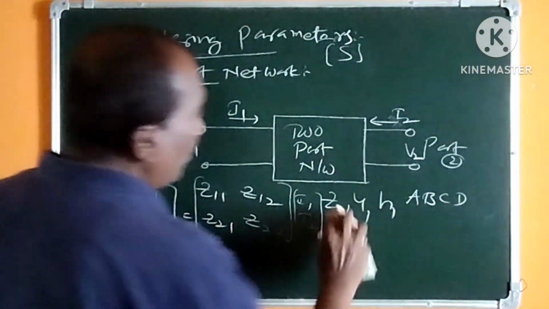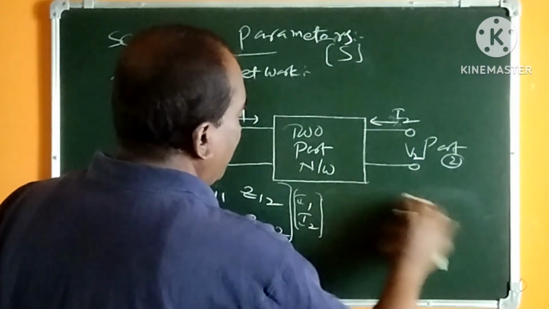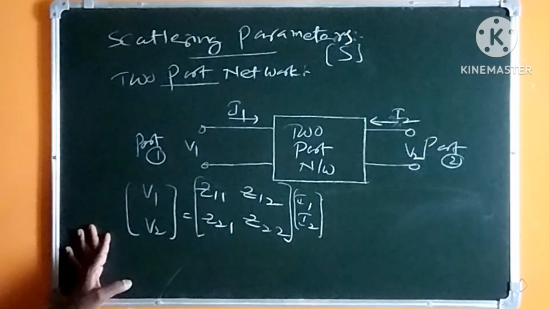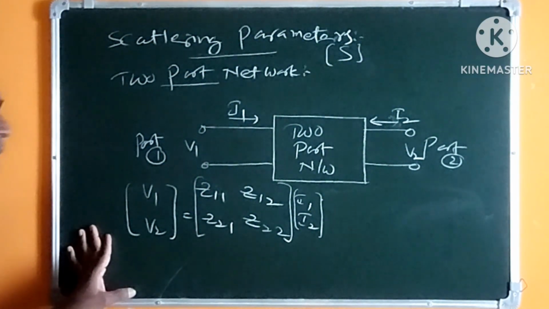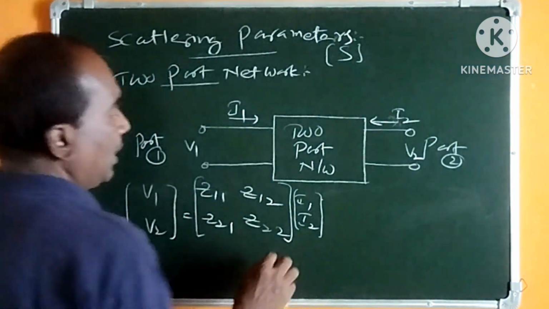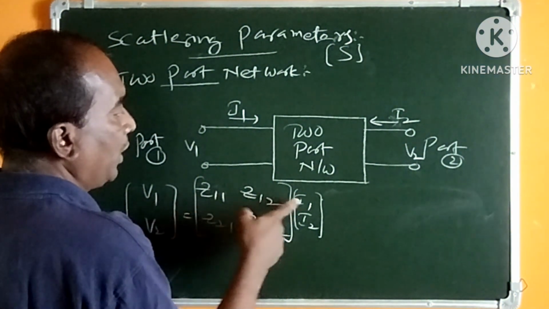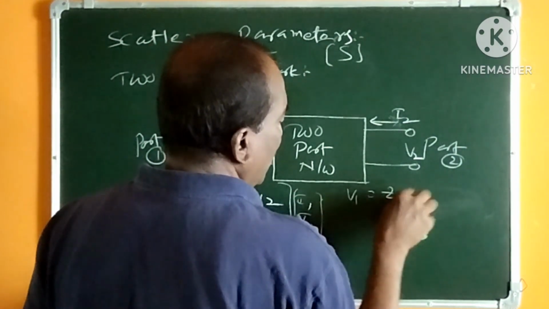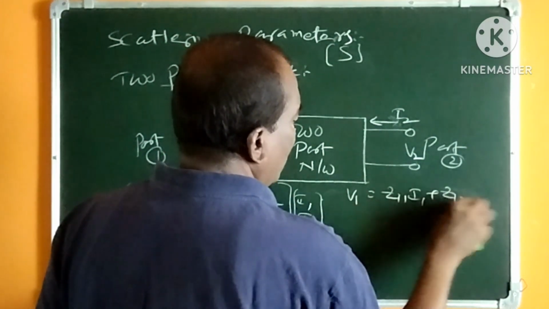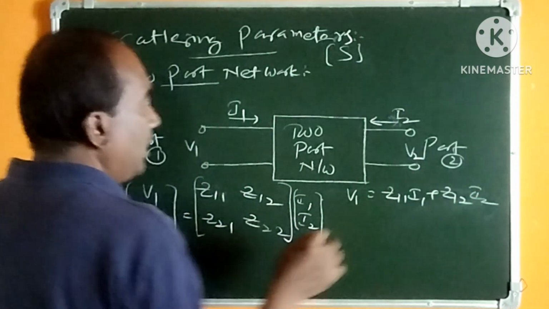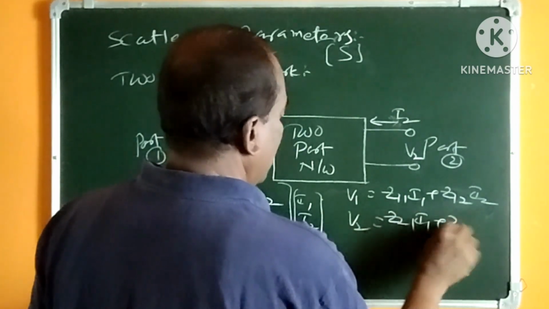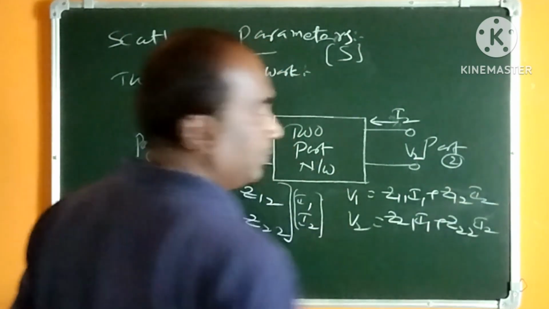In a similar way, we can represent the other parameters also, like Y parameters, H parameters and ABCD parameters. So V1 can be expressed as Z11 into I1 plus Z12 into I2, and similarly V2 can be expressed as Z21 into I1 plus Z22 into I2.